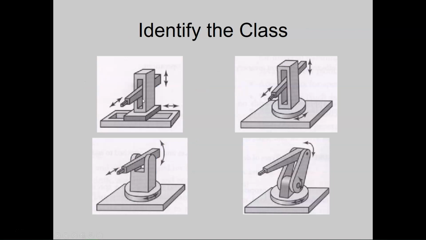So this guy right here is what you would call a rectilinear because it does exactly what it sounds like. It moves in a rectangle. The way this guy's going to move is he has the ability to move in a giant square or rectangle because he can move up and down and left and right.